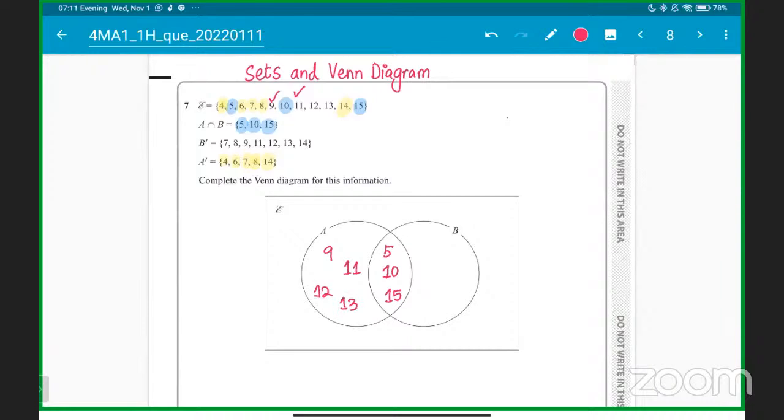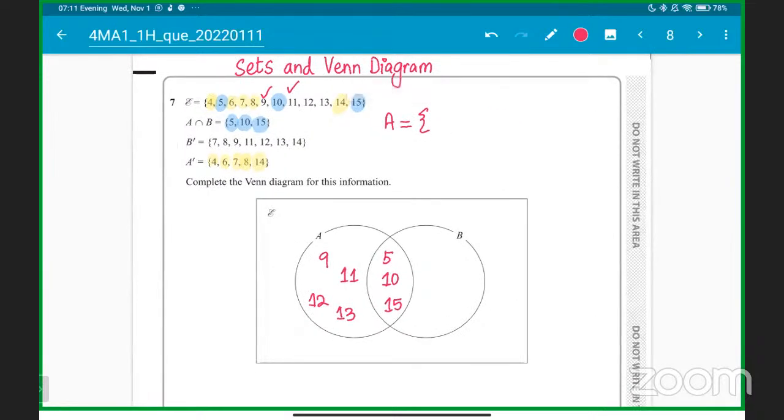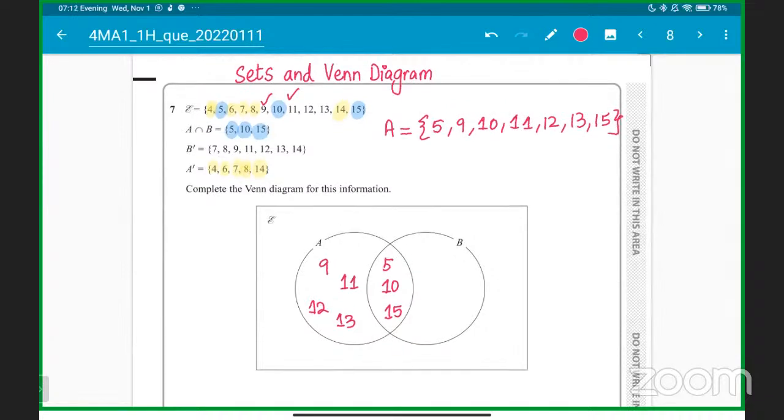The A set will also include 5, 10, and 15, which are the common intersection, and the remaining ones are part of A.